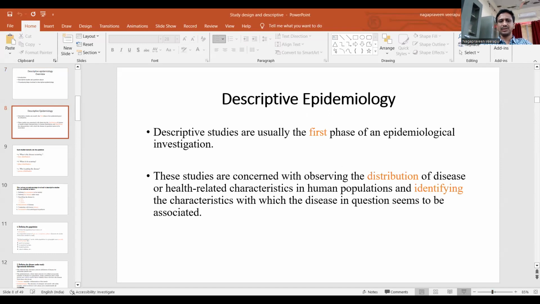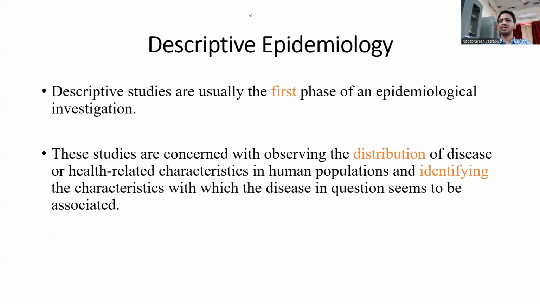Descriptive epidemiological studies are usually the first phase of an epidemiological investigation. The studies are concerned with observing the distribution of disease or health-related characters in human populations and identifying the characters with which the disease in question seem to be associated.